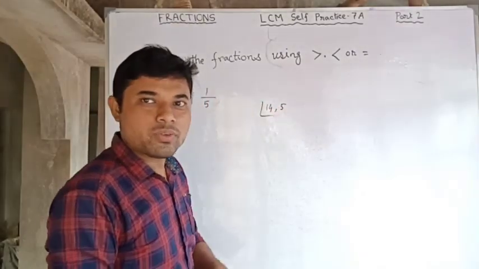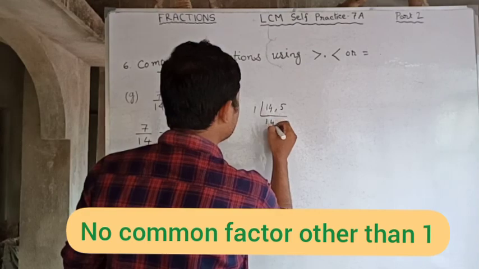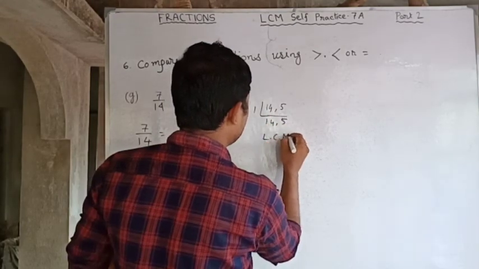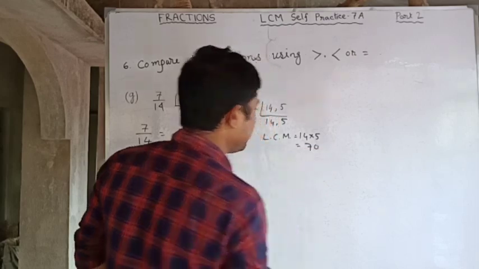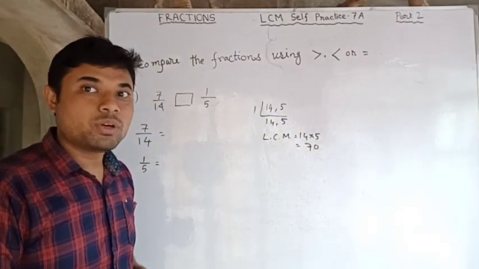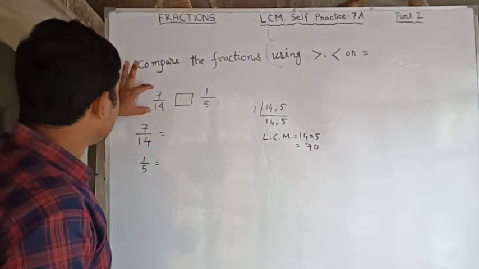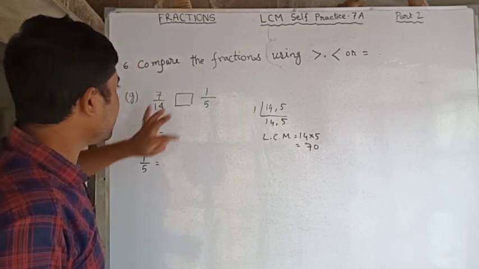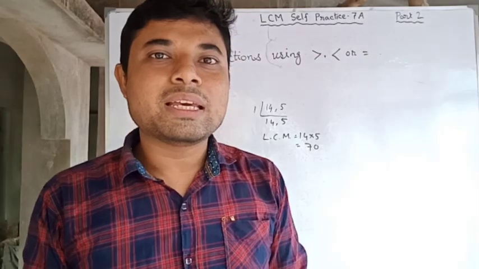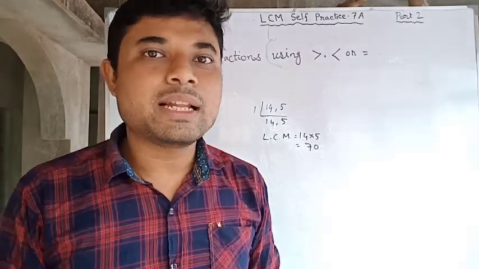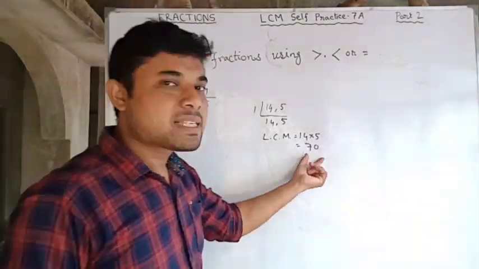There is no common factor, so just multiply. LCM is equal to 14 into 5, that means 70. 70 is the LCM. So we will find the equivalent fractions of 7 by 14 and 1 by 5 whose denominators will be equal to the LCM. That means the denominator will be 70.